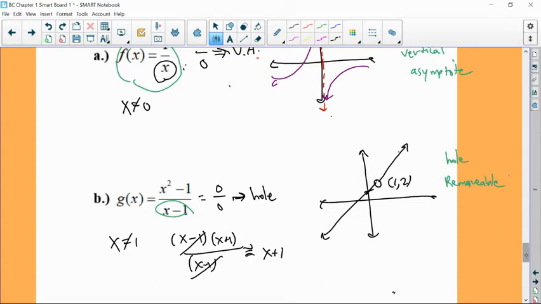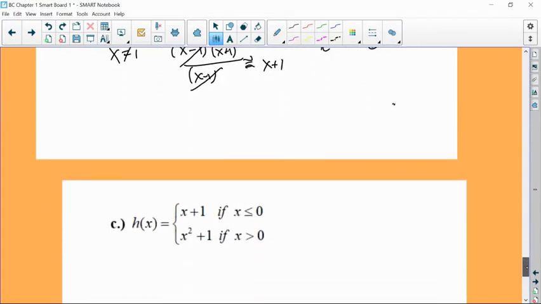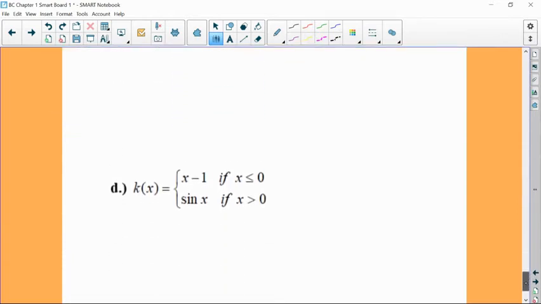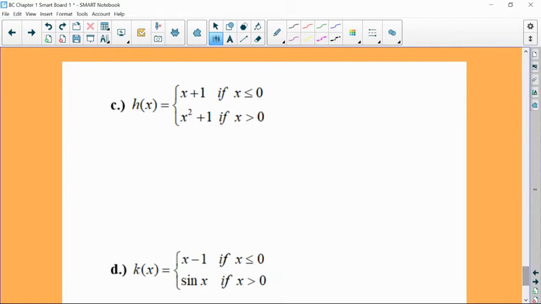It's a hole. Okay, part C, when you have piecewise functions, you have to worry that they line up, right? If one side comes to here and one side comes up to here, they're not lining up. That's a jump discontinuity, which is non-removable. So the way you check is to put in the boundary point, which is 0, to both.